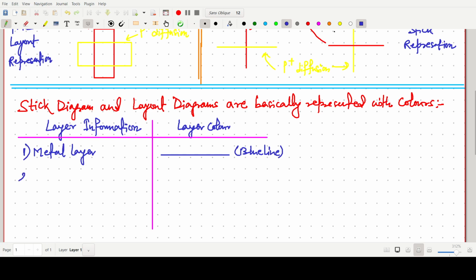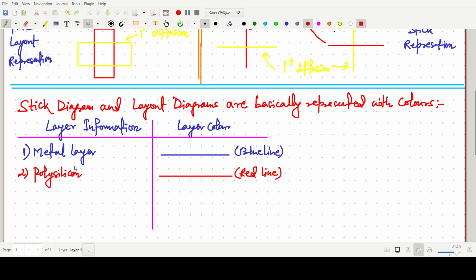The second one is our polysilicon. It is better to take red color, because for the polysilicon we have to use the red color. So I'm using a red line.